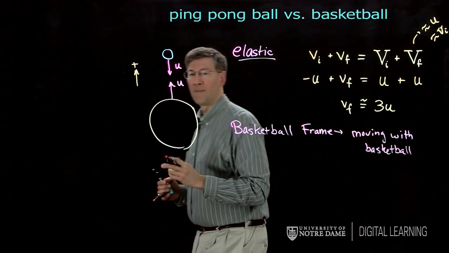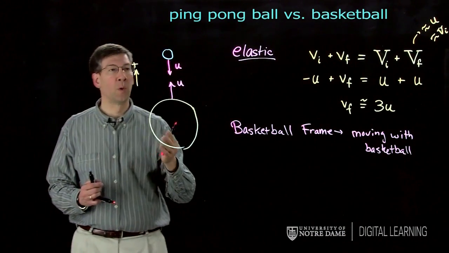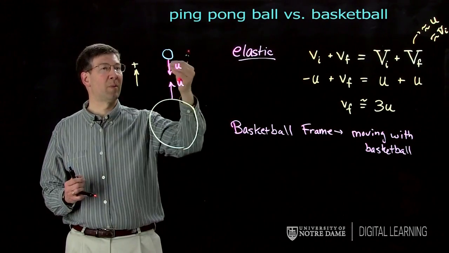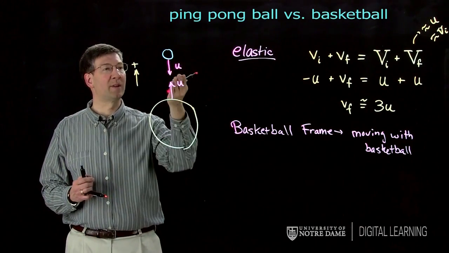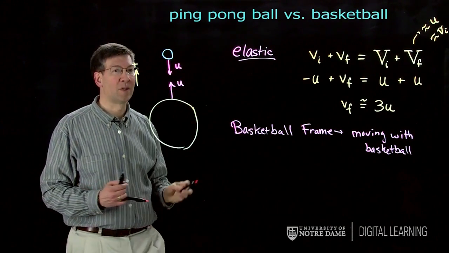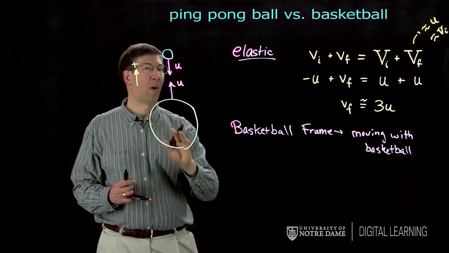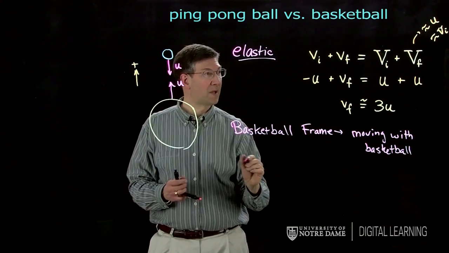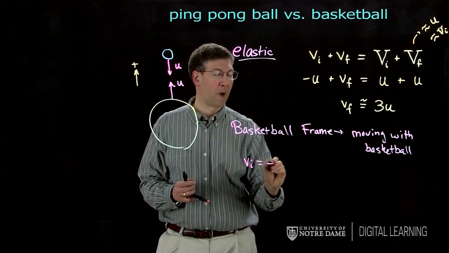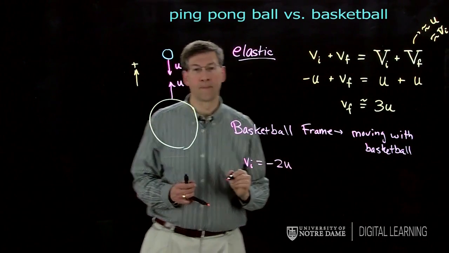In that frame, the basketball is at rest. Since the ping pong ball is coming at it with velocity u in the lab frame, the original velocity of the ping pong ball in the basketball frame is actually equal to minus 2u.